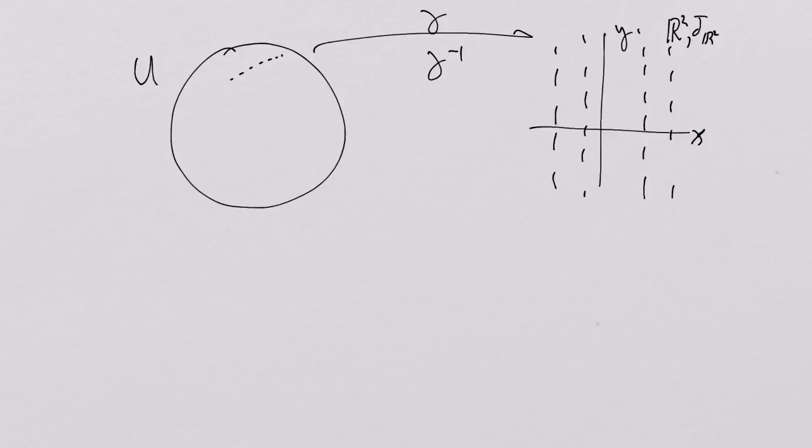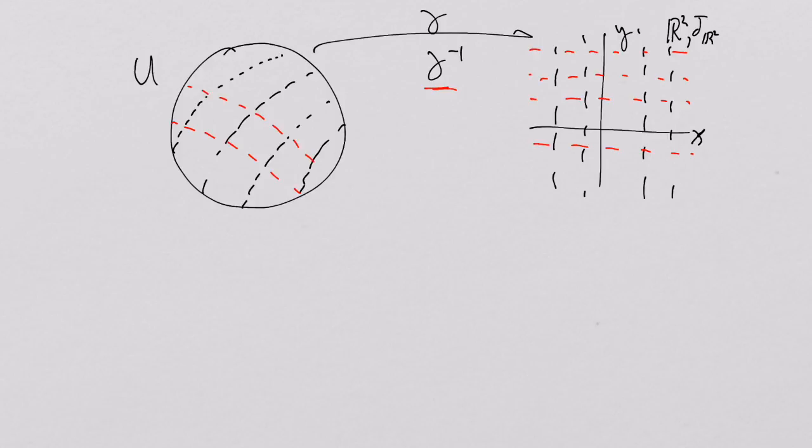I can label these points on U with these various lines of constant values of x. Likewise, I can do this for y. I can take lines over here of constant value of y, and using gamma inverse, I can project those and label the points over here based on those constant values of y.